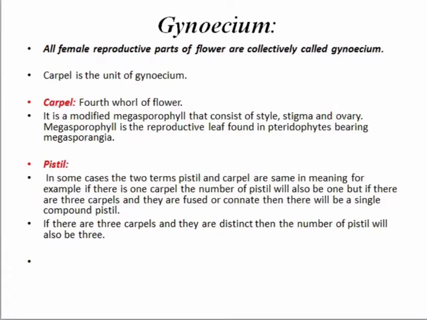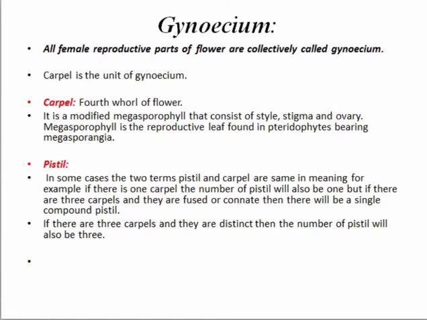There is another structure usually mentioned along with the gynoecium among the female reproductive parts of a flower, that is the pistil. Some books refer to it as the female reproductive part. In some cases, the two terms pistil and carpel are the same in meaning. For example, if there is one carpel, the number of pistils will also be one.